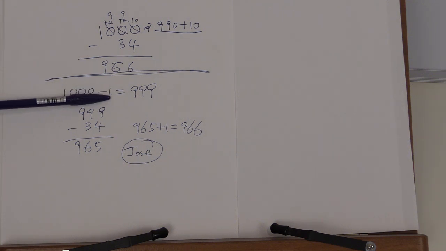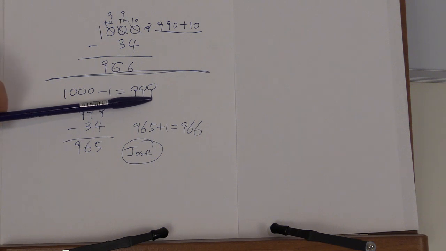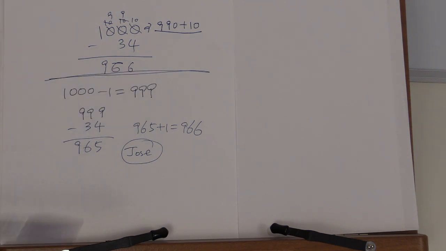So, what did he do here first? 1000 minus 1 is 999. Why did he want to make this? Because if I make 999, I don't need to worry about any borrowing. I can take away all the numbers from 9. So he knew the relationship: 1000 minus 1 is 999. This is a big concept, a big jump. But knowing this makes everything easy for him.